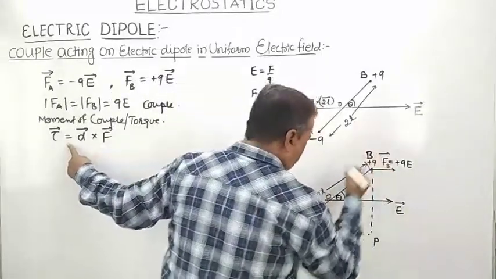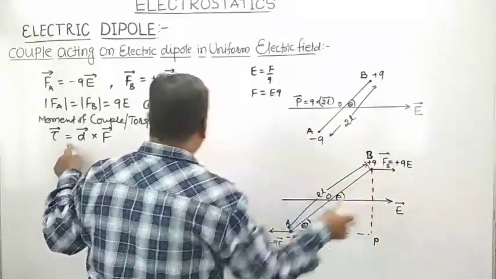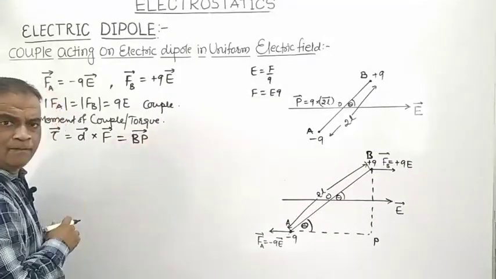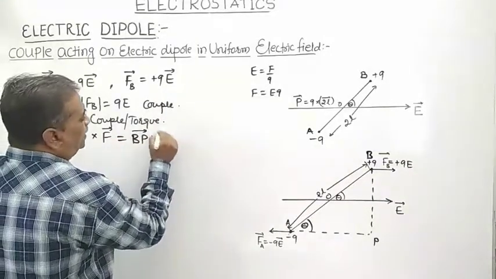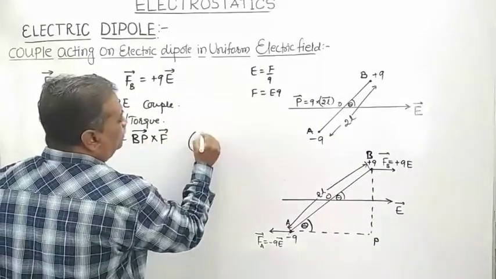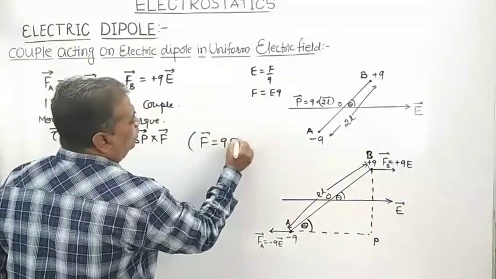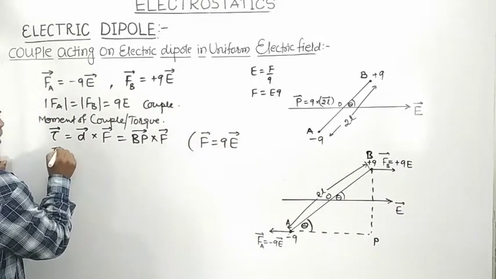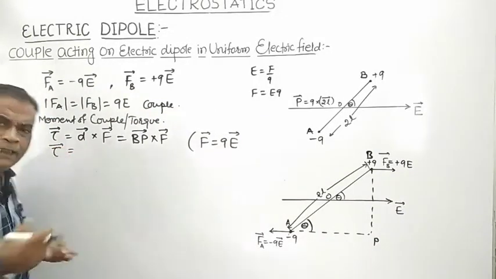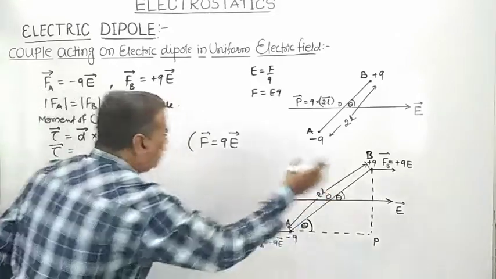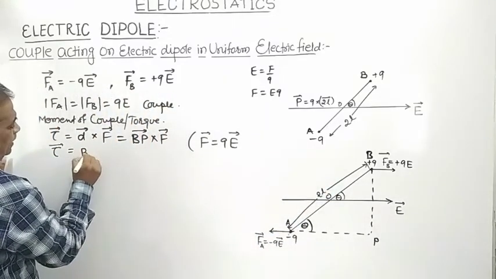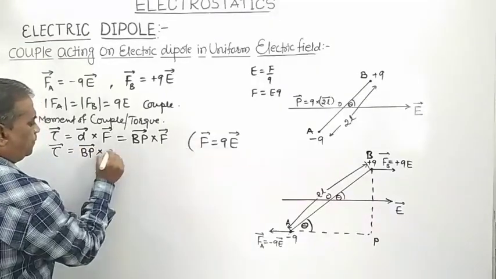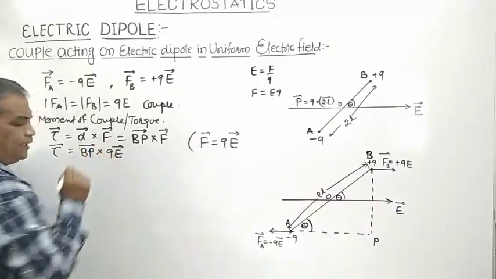This point is B, this point is A. The perpendicular distance between the two forces is arrow BP. And the force is vector F, where F equals Q into vector E. So the torque acting on an electric dipole due to uniform electric field is arrow BP into force F, which is Q into E bar.